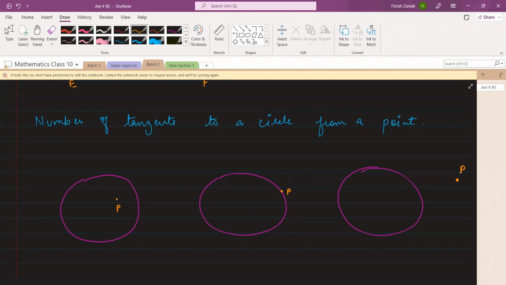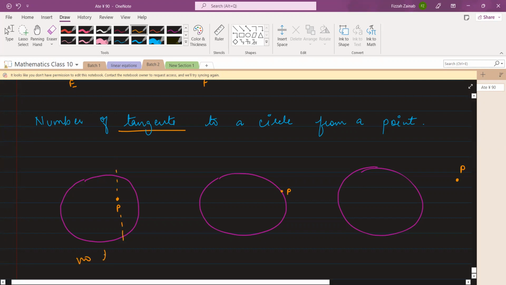Now, if the point P is inside the circle, how many tangents can I draw? Zero, because any line which passes through the point will become a secant. It will not become a tangent. So no tangent can be drawn. Now, if the point P lies on the circle, how many?